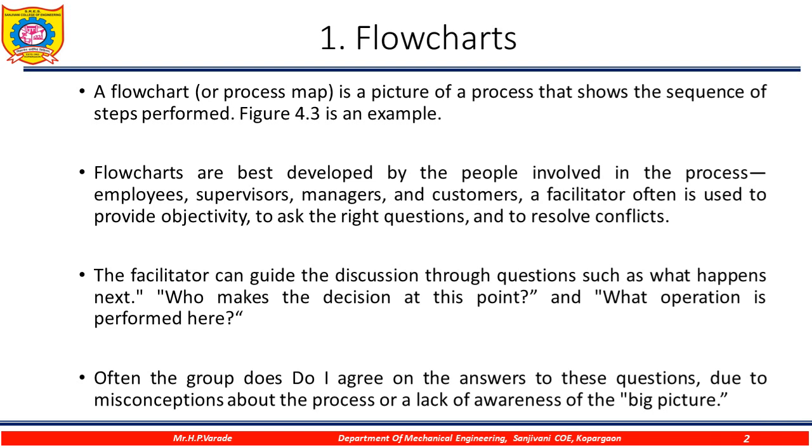A facilitator often is used to provide objectivity, to ask the right questions, and to resolve conflicts. Conflicts means issues or problems. The facilitator can guide the discussion through questions such as what happens next, who makes the decision at this point, and what operation is performed here.